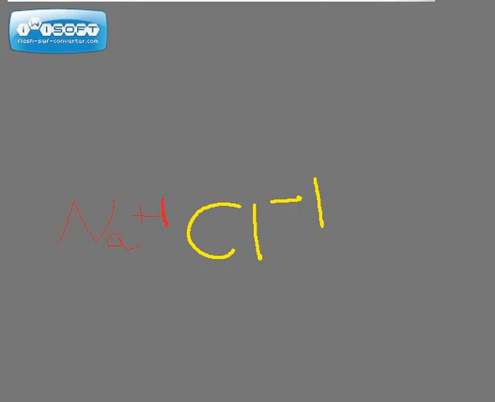We want to figure out what formula is going to be made from this compound. The formula that's made has to equal 0. This one works out perfectly because we have a -1 and a +1. In your books, and earlier, we've talked about the crisscross method.